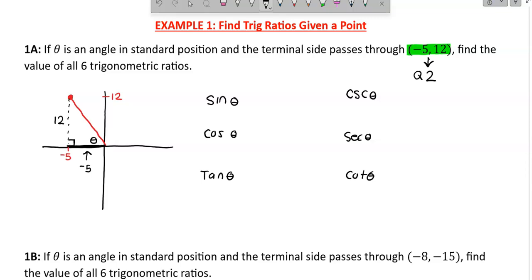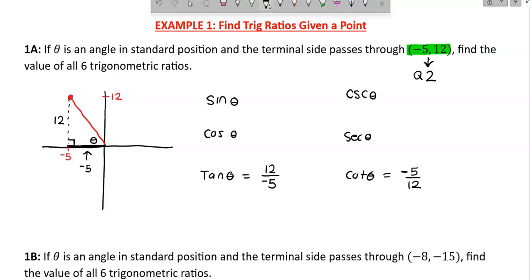Tangent can be found right now because tangent is the opposite over the adjacent, or in our new definition, y over x. So the tangent ratio is 12 over -5. And yes, tangent will be a negative value when the triangle is in quadrant 2. Cotangent's the reciprocal, so that is -5 over 12.